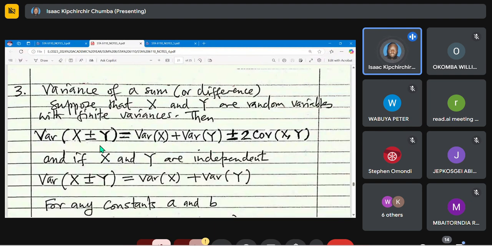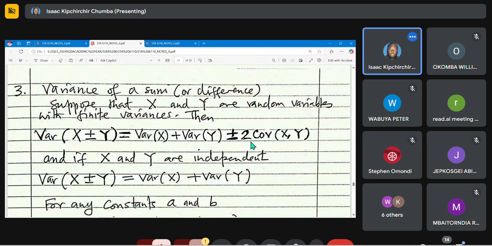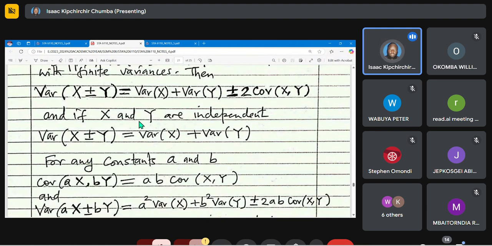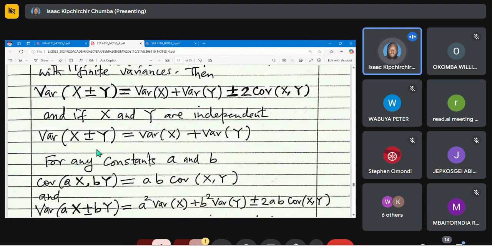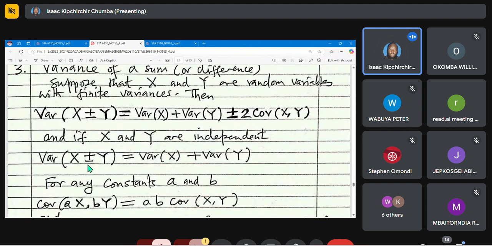Var of x minus y is var x plus var y. Where you only differ is the covariance. When this is a plus, you say plus twice cov xy, and when this is a minus, you say minus twice cov xy. But when x and y are independent, this covariance is 0. So when they are independent, variance of x plus y is the same as var of x minus y. You just sum their variances.